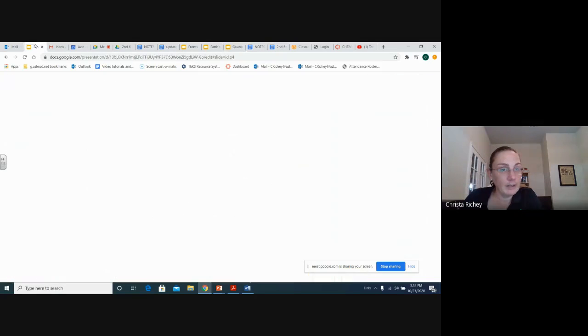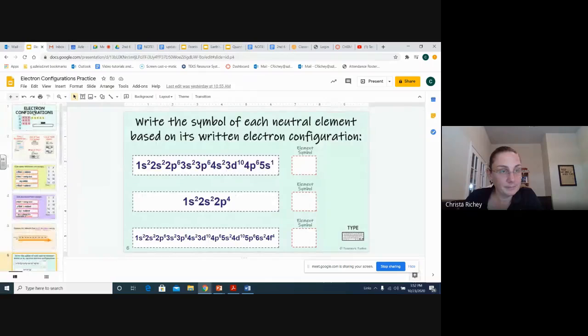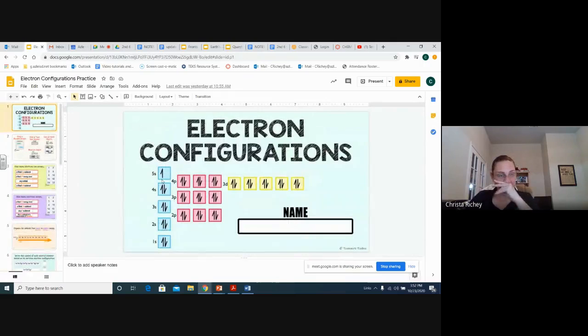Now, if I go back to this, which is your actual assignment, you notice they flip-flop. So instead of the 1s on the top, it's on the bottom, but you still do 1s, 2s, 2p, 3s, 3p, 4s. This is where it gets tricky: 3d, 4p.